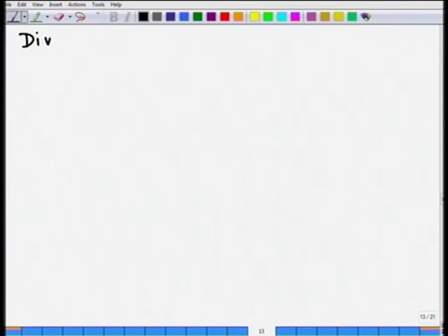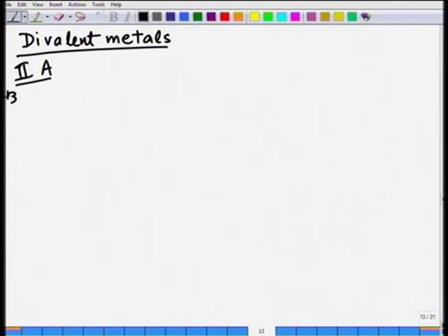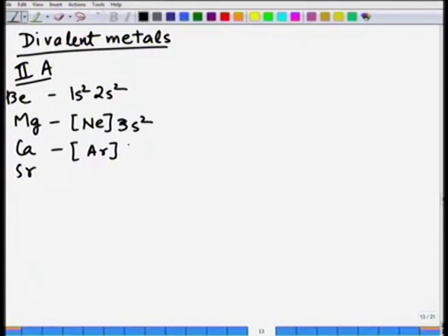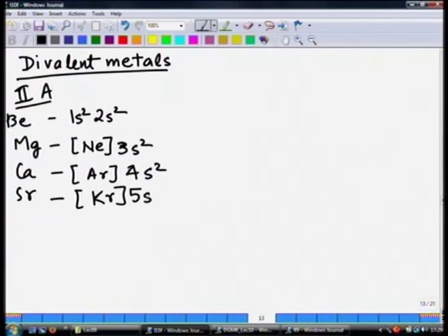Examples of this will be the 2A metals, let us say beryllium, magnesium, calcium, strontium, etc., which are 1s2, 2s2, 3s2, argon 4s2, and 5s2. Some of these have the HCP structure, hexagonal close packed structure, and this one is FCC, and this is also an FCC structure.